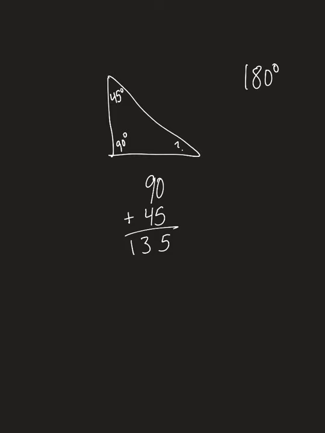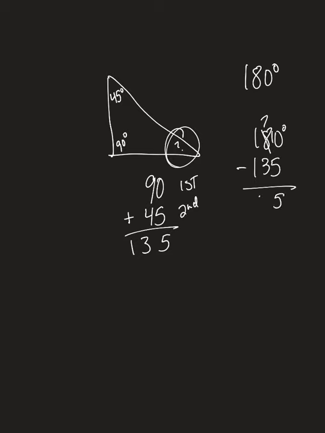So this is the first angle, this is the second angle. I need to find out what the third angle is. So I'm going to take 180, which is my total, and subtract 135. That's 45 degrees.